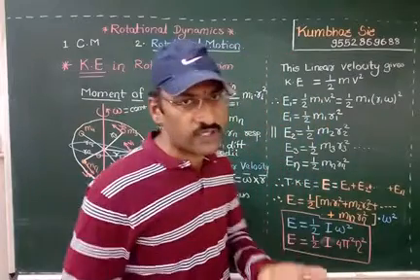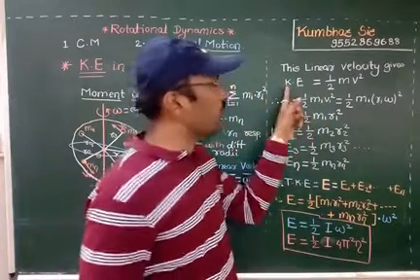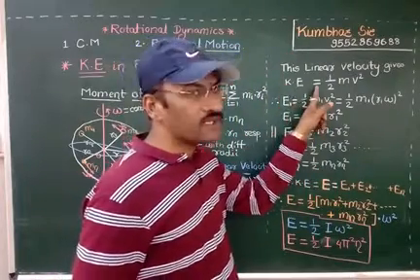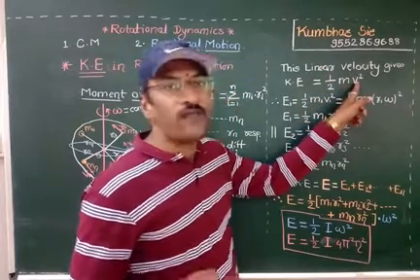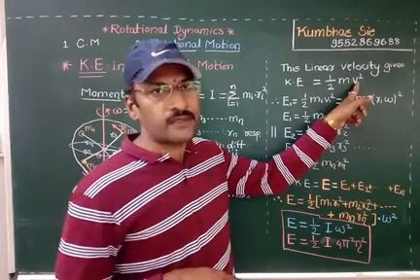Now this linear velocity gives a kinetic energy, and we know the general equation of kinetic energy in linear motion: kinetic energy equals 1/2 mass of the particle into square of velocity of the particle.